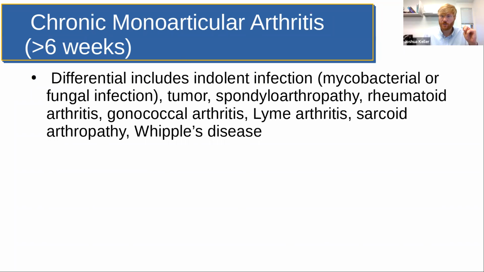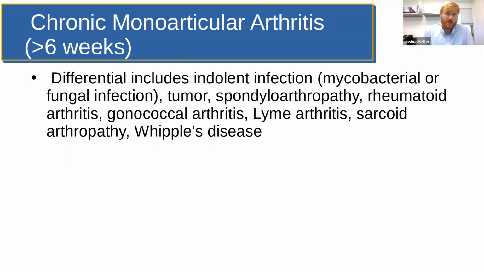Chronic monoarticular arthritis: patients who have one joint that's been swollen and tender for more than 6 weeks. The differential narrows somewhat, because the acute inflammatory monoarticular arthritis differential also has all the chronic arthritis possibilities in it. So in that regard, you just have to wait long enough for it to become chronic.